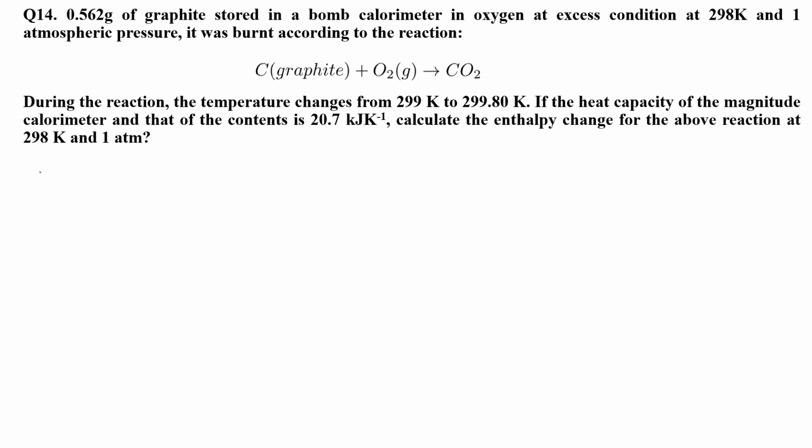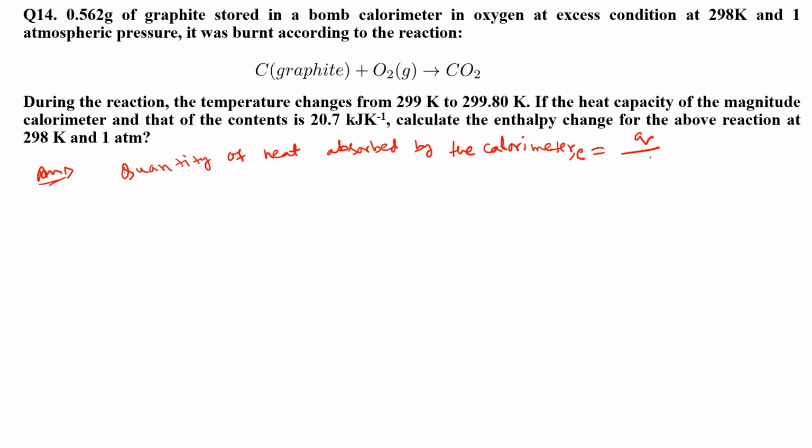So, we start with what is the quantity of heat absorbed by the calorimeter. If we say this is C, so C is Q by delta T as we just discussed.